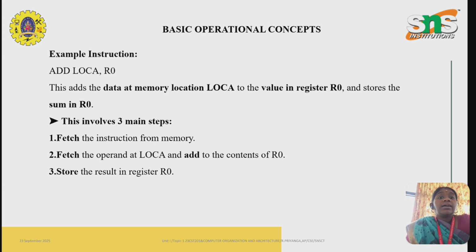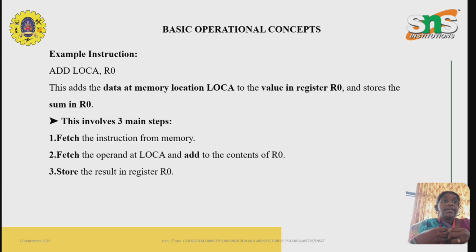In this example, Add LOCA, R0. In this Add LOCA, R0, LOCA is stored, the function is to add the data of memory location LOCA to the value in register R0, and it stores the sum in R0. Here we do these steps: one is fetch, another one is decode, then execute, and store.